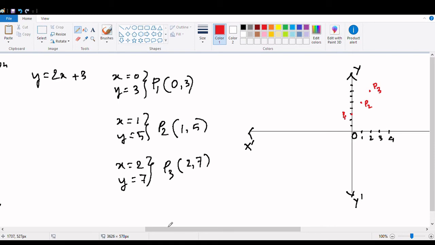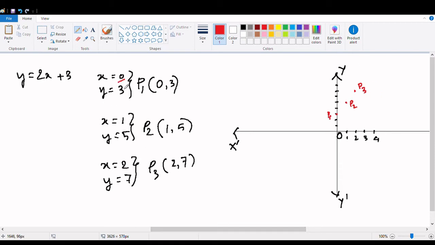So you know that for x equals 0, the value of y is 3. For 1, it is 5. Between x equals 0 and 1, there are a number of points, and for each independent value of x between 0 and 1, we can have a dependent value of y. There will be a fixed value of y in each case, and all those points will lie between points P1 and P2.